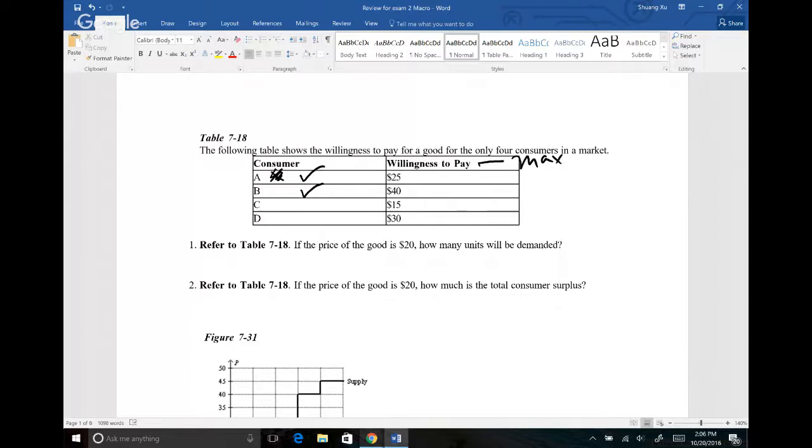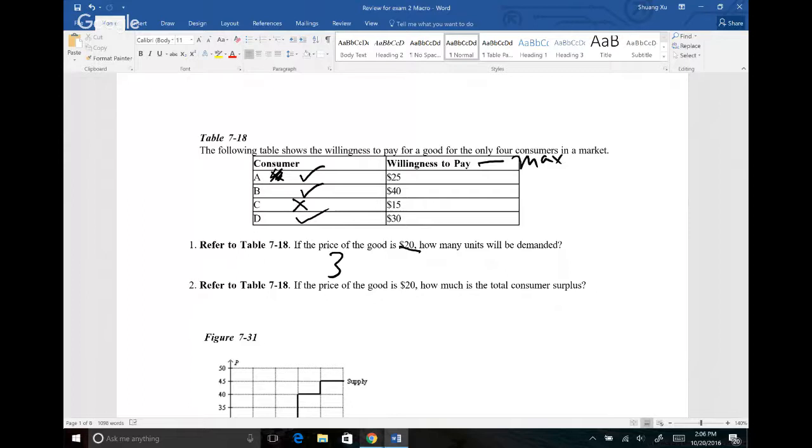Consumer C wouldn't buy this because he's willing to pay 15 and the price is 20, so that's too high. Consumer D will also buy this good because he's willing to pay 30 and the price is only 20. So there will be a total of 3 consumers buying this good. And then how much is the total consumer surplus?